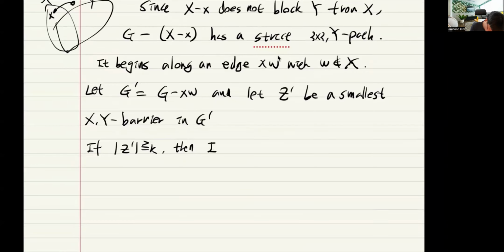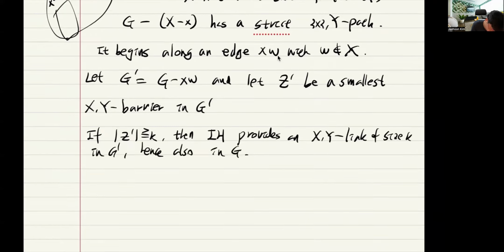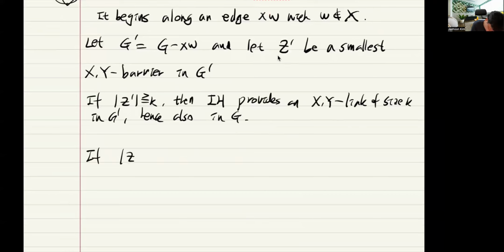And the induction hypothesis, IH, provides an XY link of size K in G prime and also in G. So we are happy.